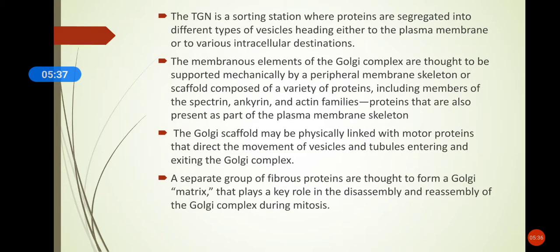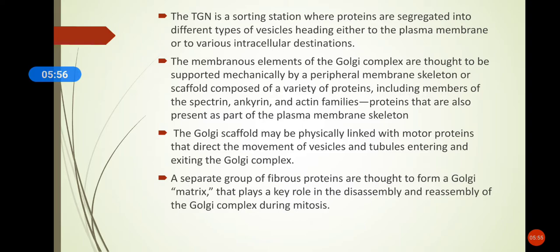The TGN is also a sorting station. Here proteins are segregated into different types of vesicles, and they are coated depending upon where their destination is, that is, whether they are heading to the plasma membrane or other intracellular destinations.